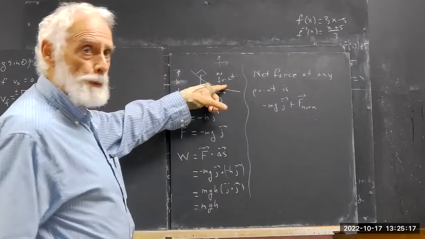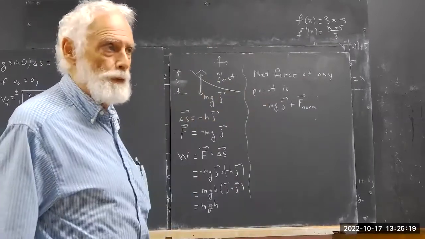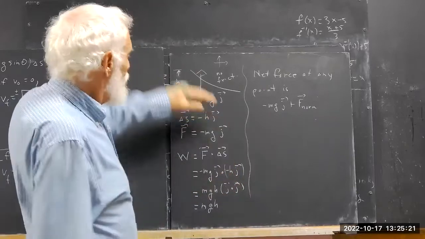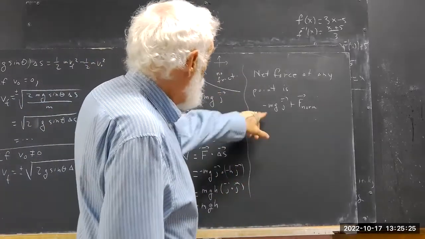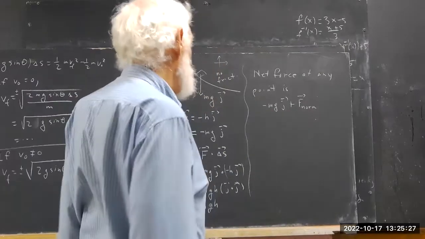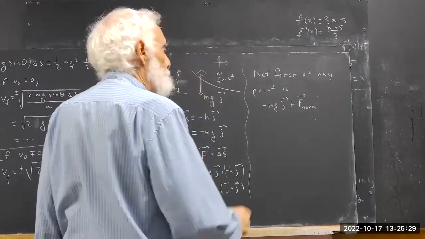And of course, we're assuming no friction because that's what we've assumed from the beginning. So it's the same problem as before, but it's on a slope ramp. Okay, so this is your net force.